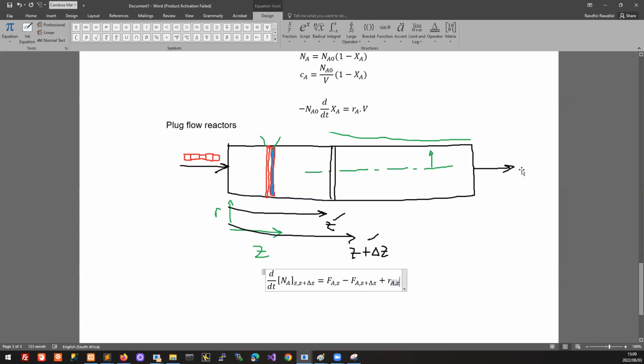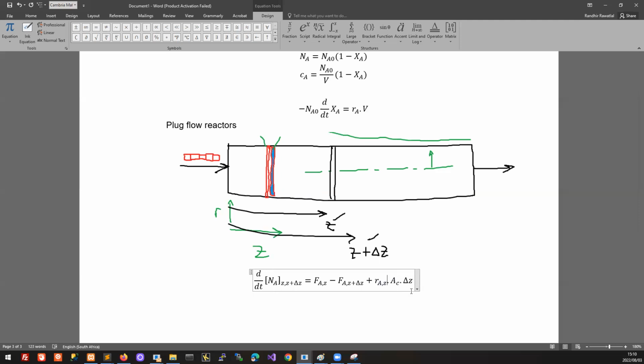We know the concentration changes across the space in the Z direction, so we need to specify which Z for RA. And then we need to multiply by the volume of the space. It's between Z and Z plus delta Z, so the thickness of the space is delta Z. And then we need to multiply by the area also, so the cross-sectional area, which we can just call AC. This pipeline will have a certain cross-sectional area. So that's the volume of the space of interest.